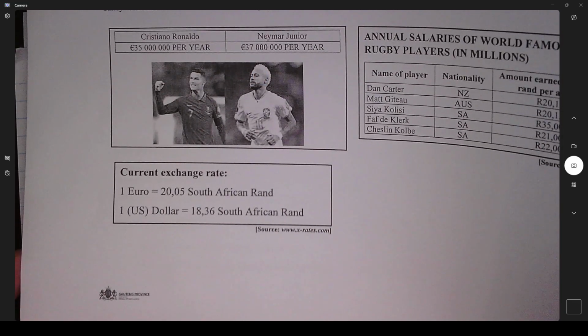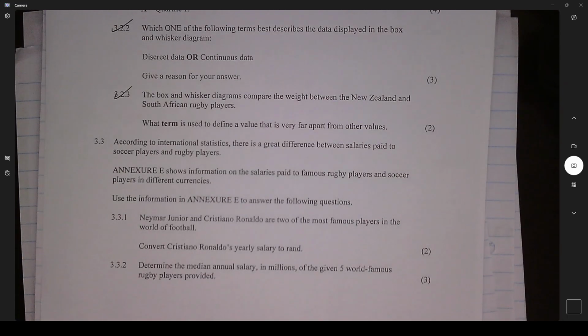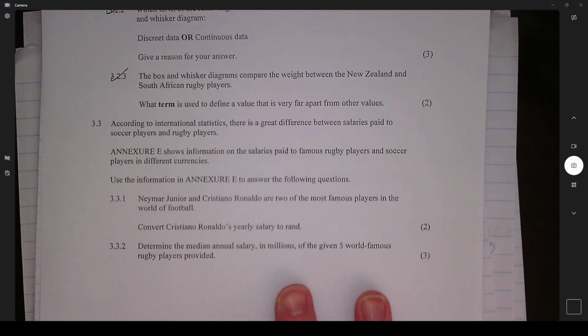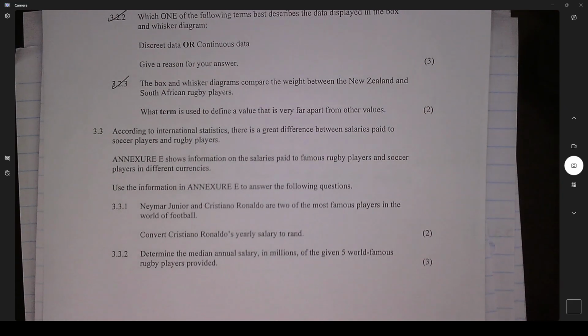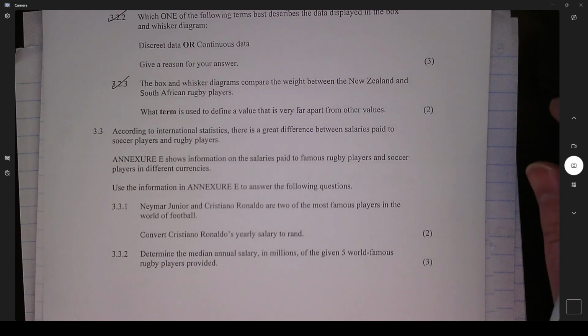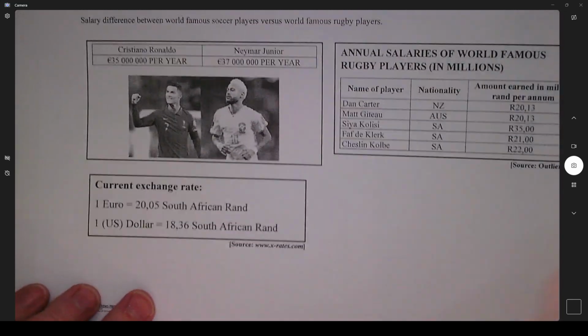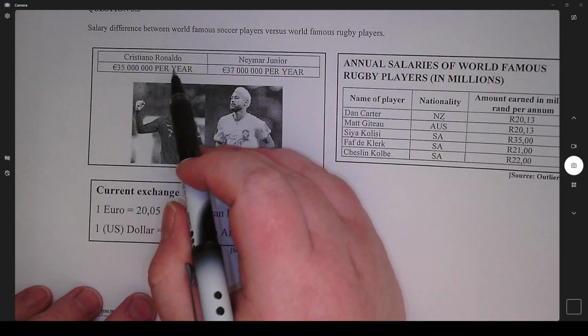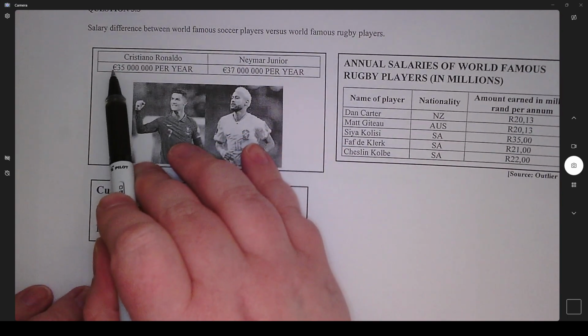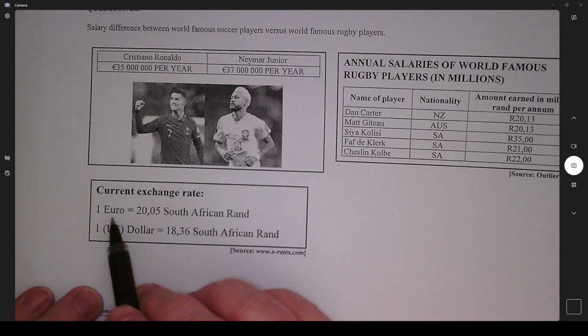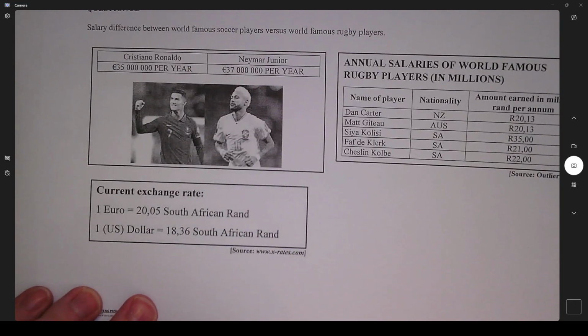So the first question says, Neymar Jr. and Cristiano Ronaldo are two of the most famous players in the world of football or soccer. Convert Cristiano Ronaldo's yearly salary to rand. This is quite easy. We're going to be taking Cristiano Ronaldo's annual salary and converting it to rand using this formula here.